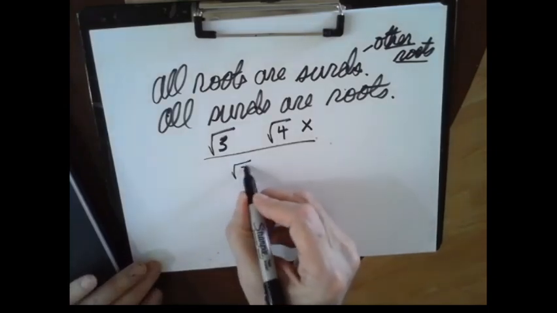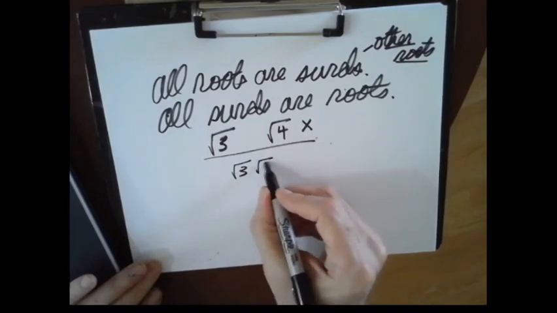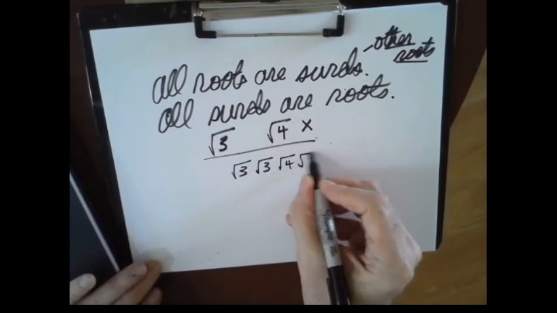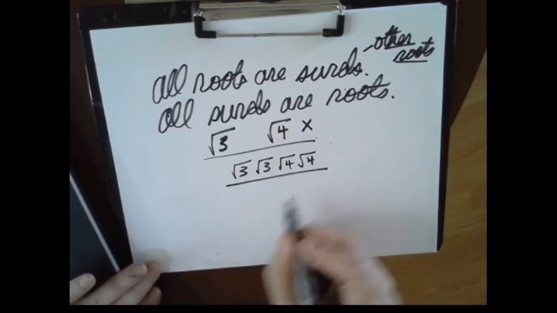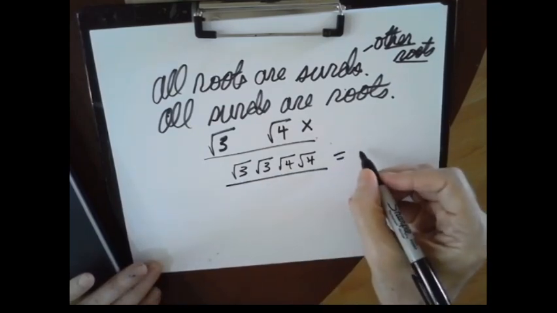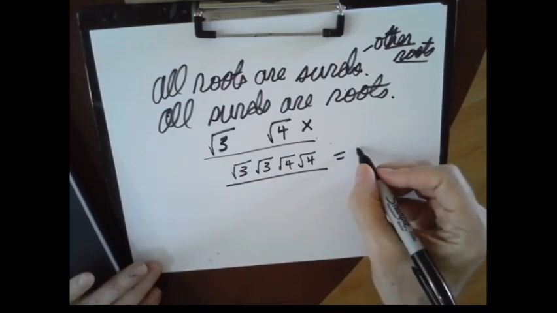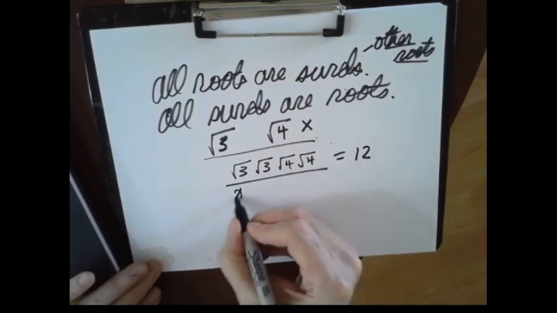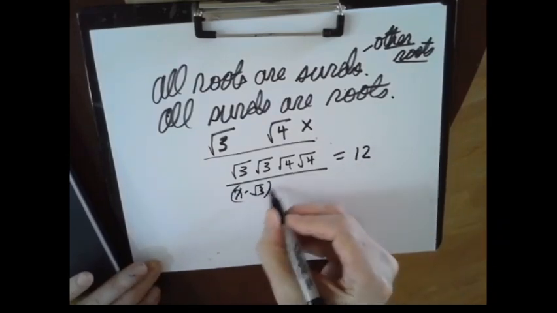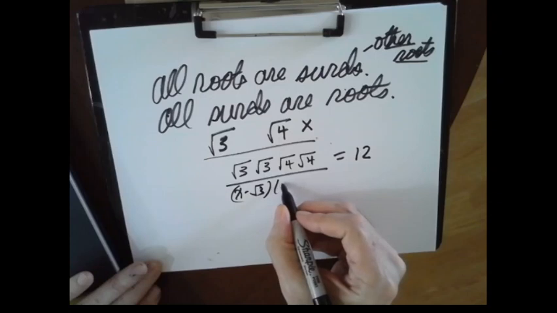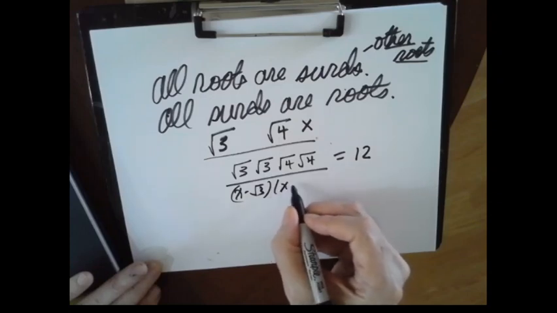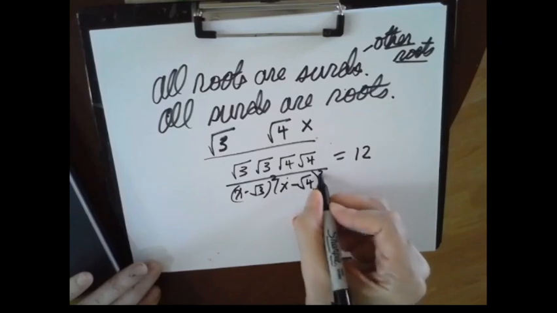Well, if you had the square root of 3 times the square root of 3 times the square root of 4 times the square root of 4, those are in the coefficient space, namely I guess that's 12, and I can do something like this. I guess that'd be squared and squared there.